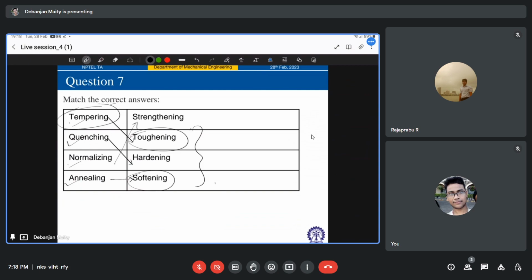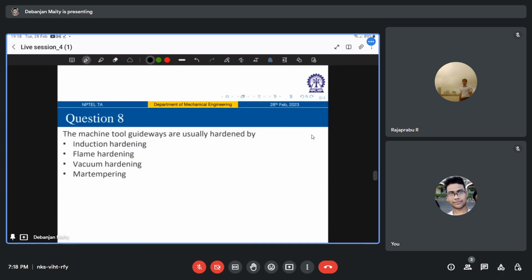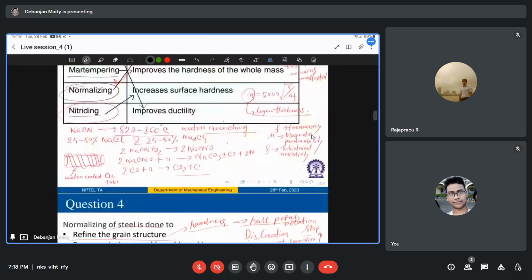Then the steel is cooled in air to room temperature. The higher the austenitizing temperature, the shorter the soaking time, of course, and the resultant hardness is lower, correct? So where was the figure? What was the figure?